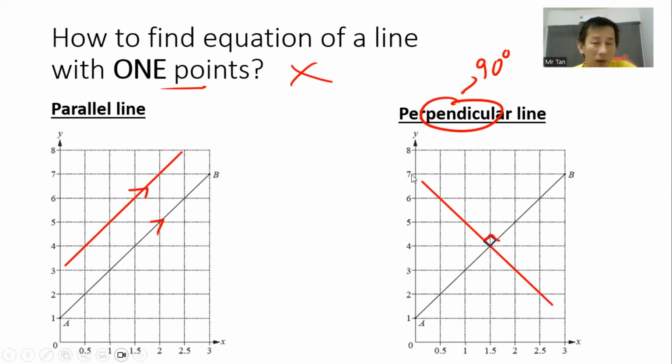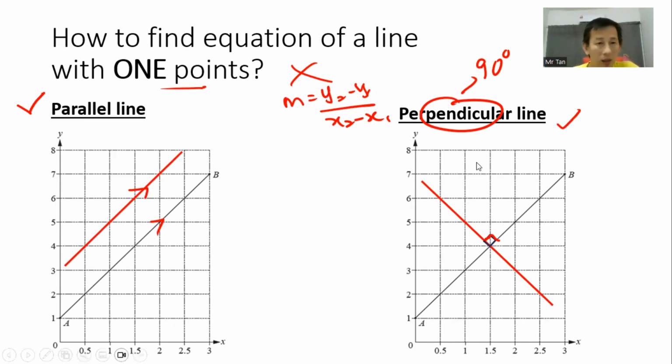For the parallel line, how to find the gradients? Because if you only have 1 point, we cannot find the gradients. The gradient equation is m equal to y2 minus y1 over x2 minus x1. So we will use this information, either the parallel or perpendicular line, to find the gradients.